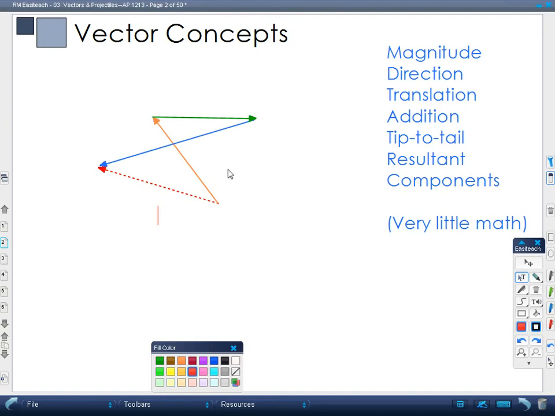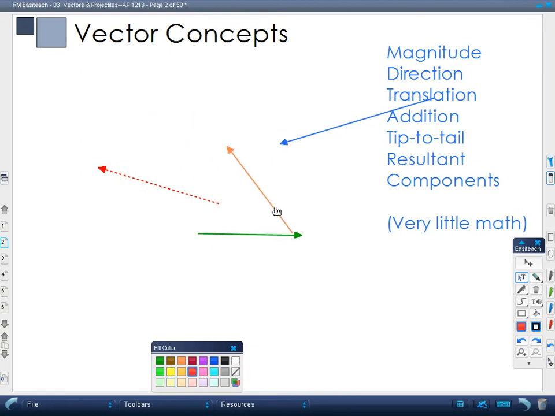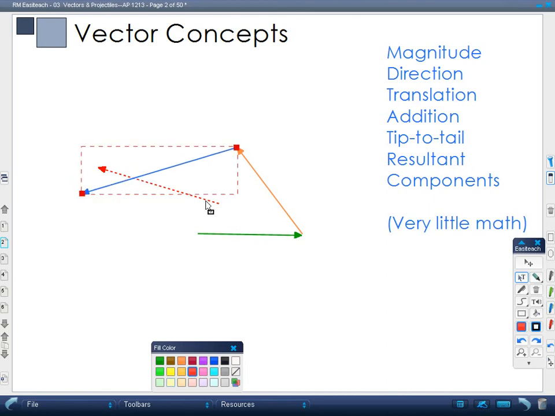It really does fully represent those. And what's interesting is it doesn't really matter what order I do these in. There's a commutative sort of property. So look, if I go green vector first, then orange vector, then blue vector, you can see that my red vector still does represent those three.